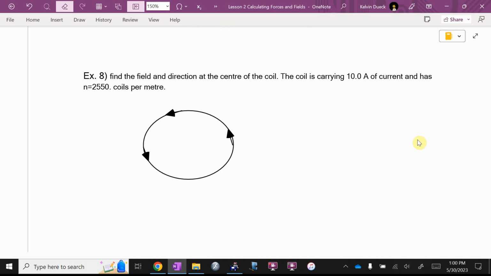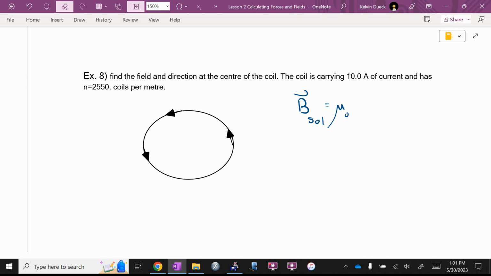It says the coil is carrying 10 amps of current and has 2,550 coils per meter. Let's do the magnitude of the magnetic field first. So the magnitude is going to be mu naught. Now, did they give me the current? Yeah. Did they tell me the length of the solenoid? No. Did they tell me the number of coils?